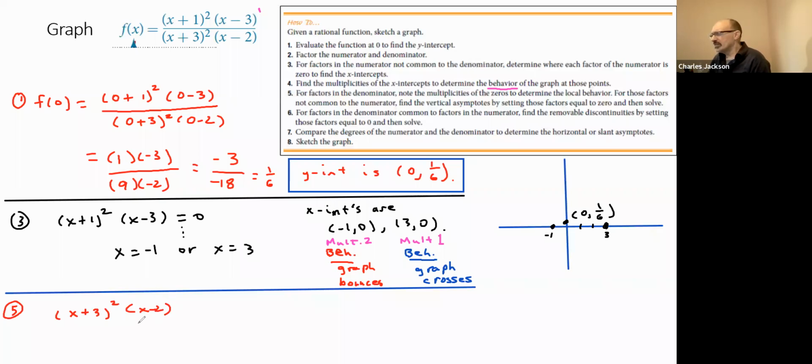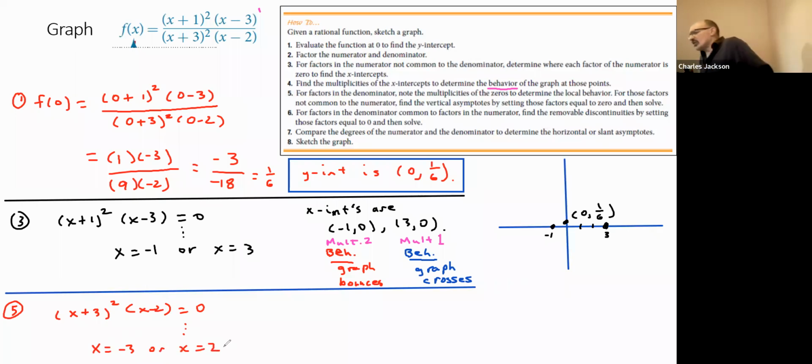Well, again, pretty clear what the solutions are here. We have x equals -3 or x equals 2.